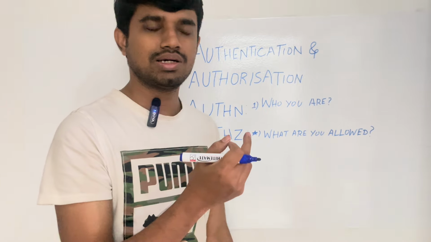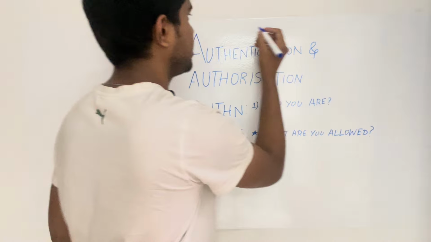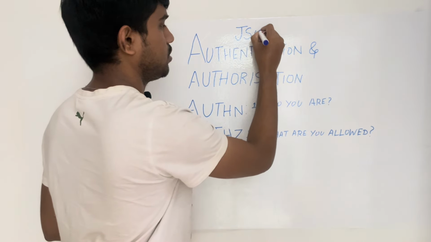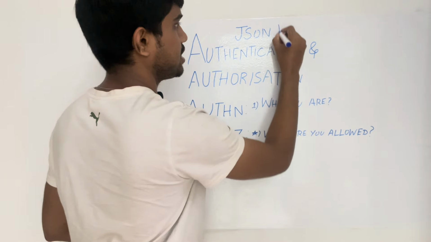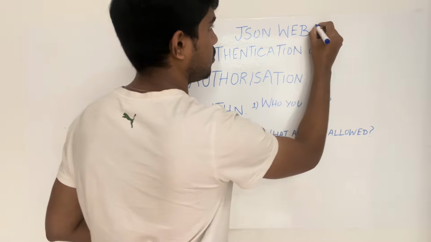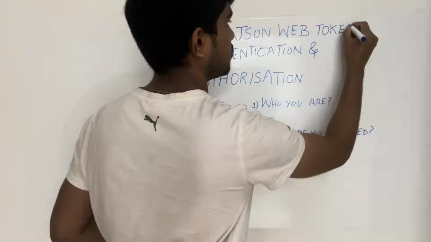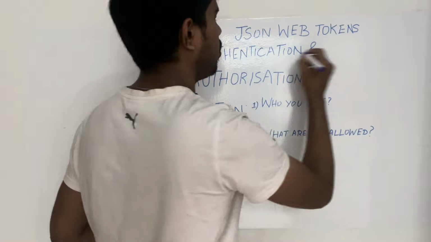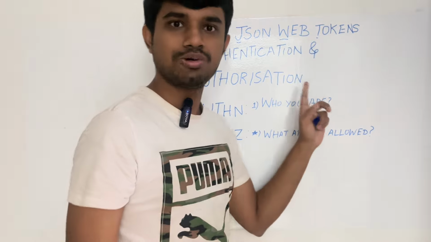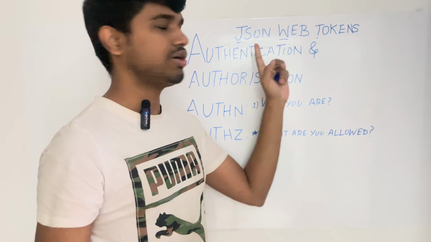The common format of token is called JWT, JSON Web Tokens. So when you give your username and password, there is a mechanism behind the scenes which will convert it into a token.